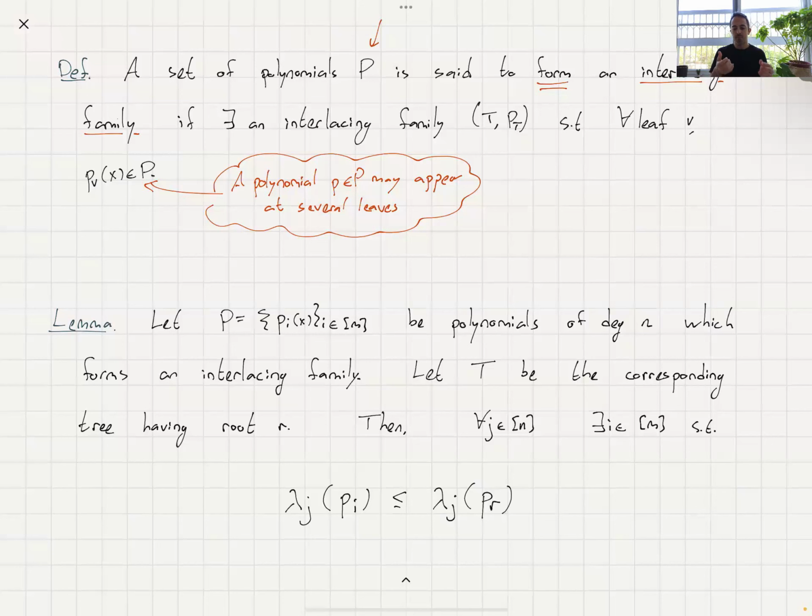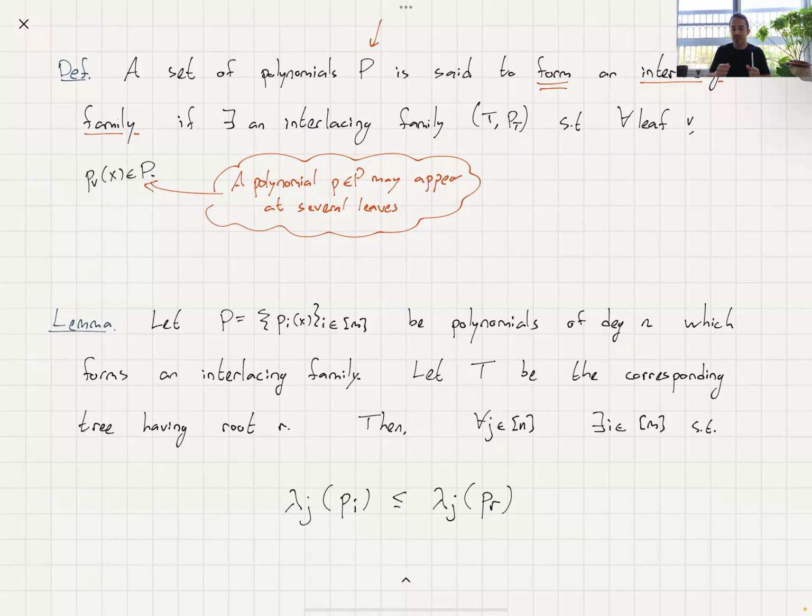So you start with a bunch of polynomials that you care about, and this definition tells you that this family forms an interlacing family if there is some tree. There could be several, but if there is some tree with polynomials satisfying the properties that we discussed, and the polynomials on the leaves are from our family.